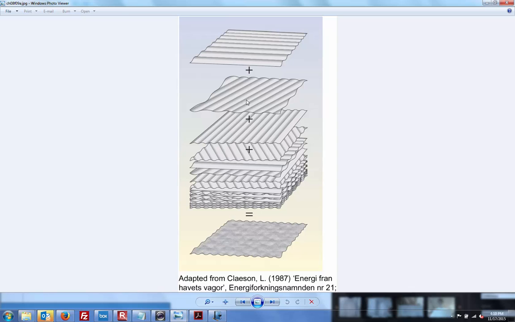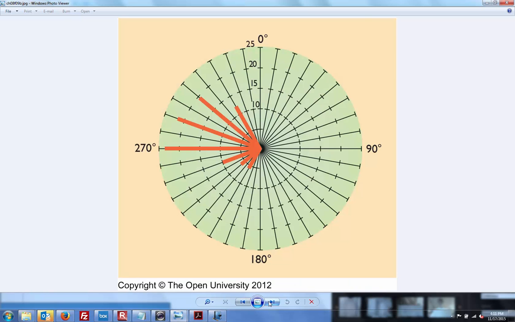In fact, they're not. They might not be perpendicular. There's some combination thereof, but you get enough of them together, and you end up with this interference pattern in general. So that's just the combination of all of the various prevailing winds coming in, and then you come up with this sort of radial or directional rose, they call it.